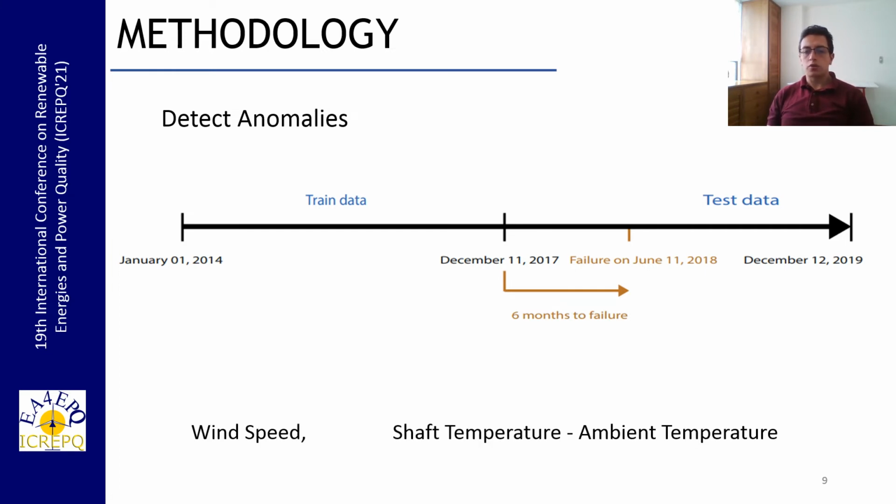We use two types of variables. The first one is the wind speed, and the second variable is a combination of the shaft temperature and ambient temperature. It's important to note that we use a normalization in these variables to make the execution of this algorithm more efficient.